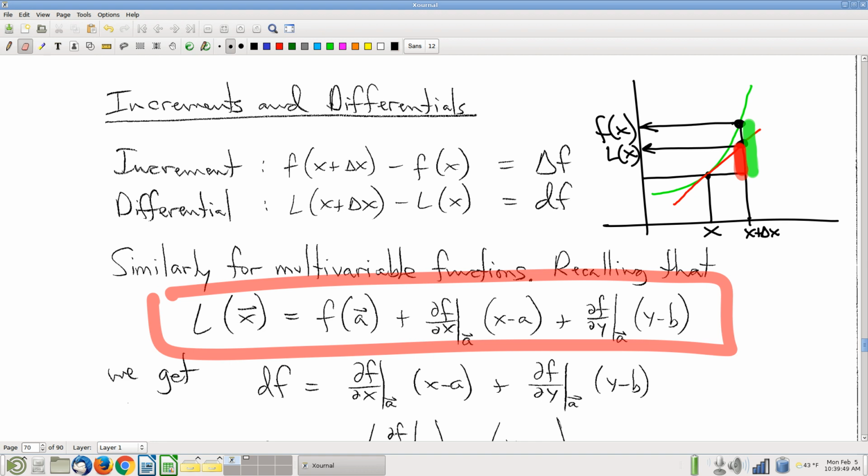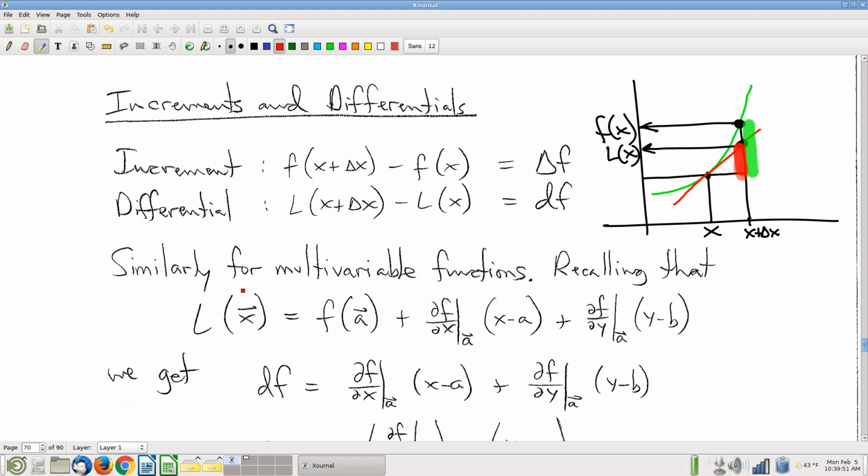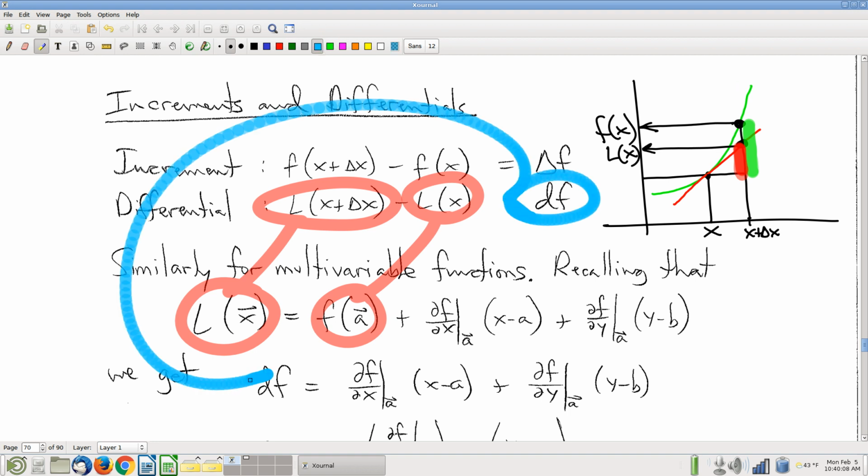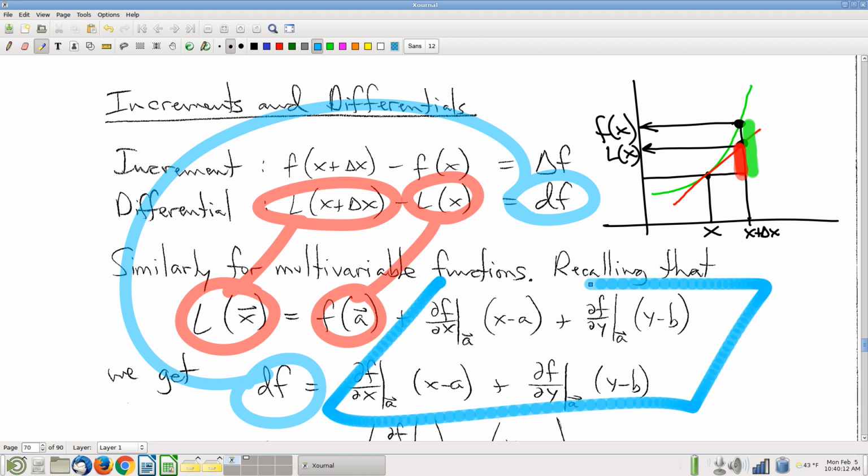And notice that in the analogy, the approximated new value and the old value both appear there, and so I can look at the difference. And the difference, the df, is just kind of what's left over there.